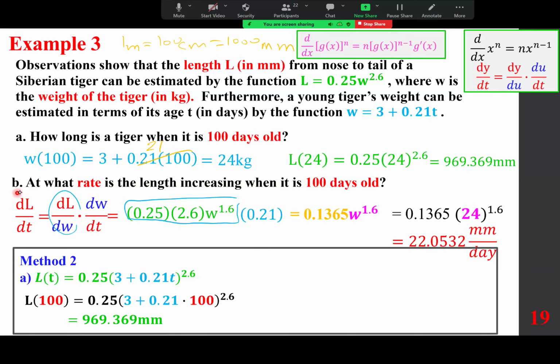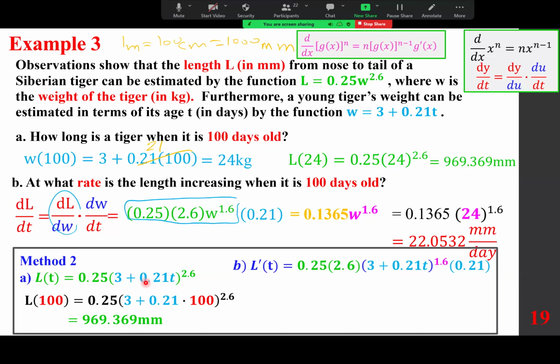For part B, you want to take the derivative. So L prime of t, or dL/dt, is 0.25 times, using the extended power rule, n, which is 2.6, times (3 plus 0.21t) to the power of 2.6 minus 1, which makes it 1.6, and times the derivative of the inside, which is 0.21.